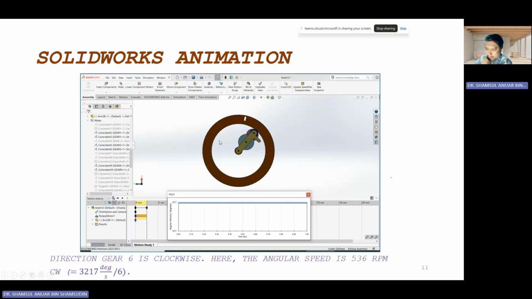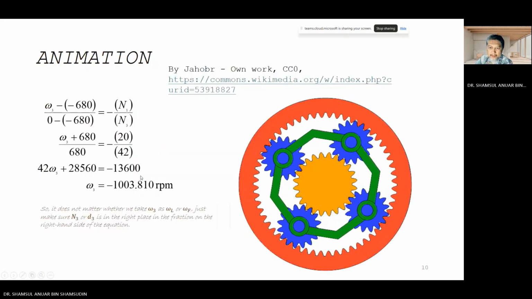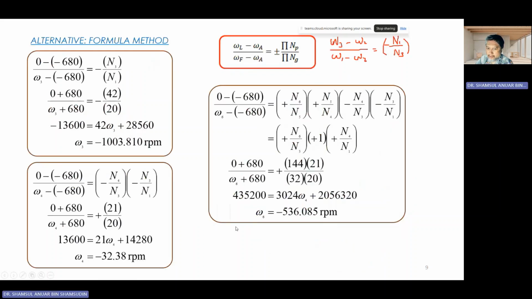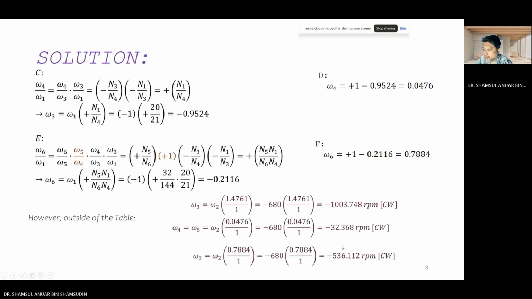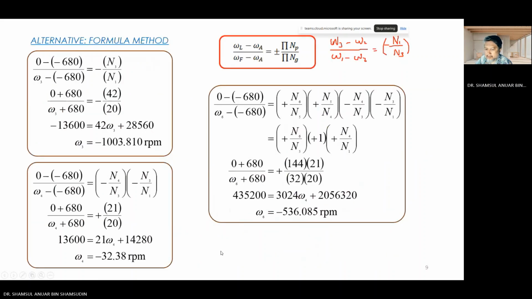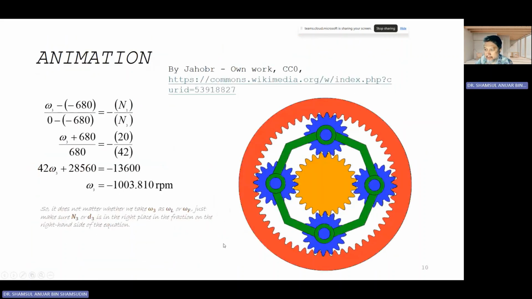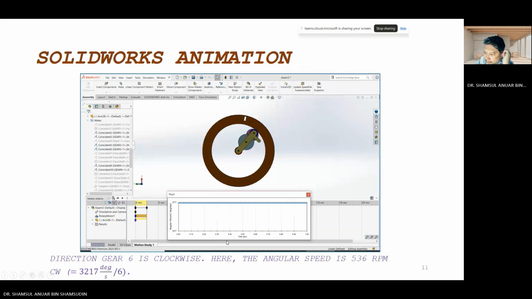Gear 6 is the big one, the ring, 3217. So I guess that might be a different example. Yes, different example.